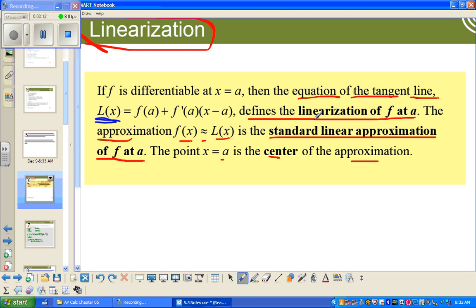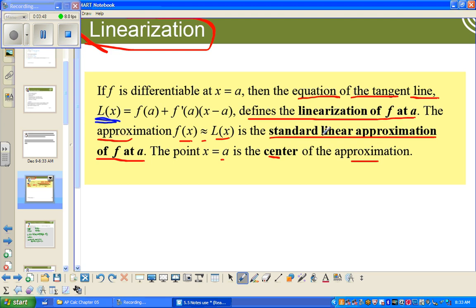And it defines the linearization of f at a. So if you find that phrasing somewhere, it's talking about writing L of x. And L of x from now on is our equation of our tangent line. And that's going to give us an approximation for f of x. Again, if we don't stray too far away from the a value where L of x came from, L of x is going to be an approximation for f of x.